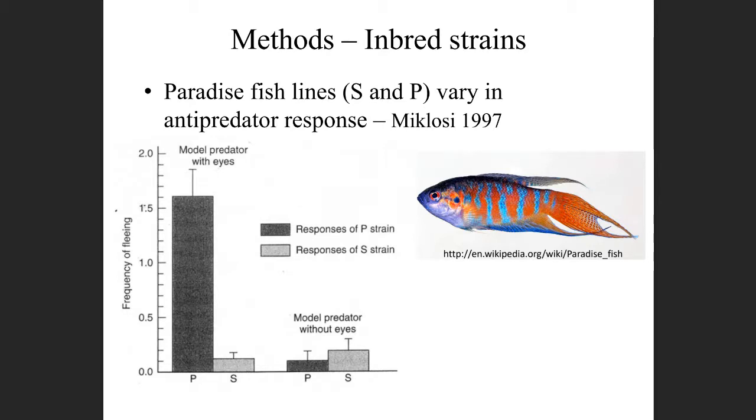That's what they're looking for in a predator. And so if you present them with a model that doesn't have eyes, then neither the P line nor the S line flee. Let's take a look here. So this is without eyes, no difference.